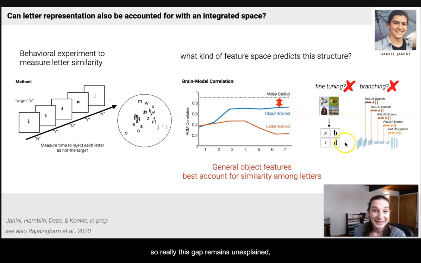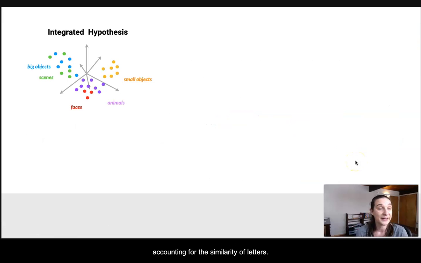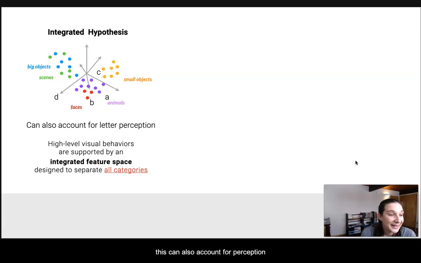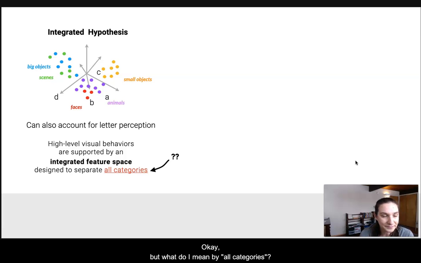So really, this gap remains unexplained, and it's general object features that seem to be best accounting for the similarity among letters. So back to the integrated hypothesis, this can also account for perception, and we have generally pointing to the view that high-level visual behaviors are supported by an integrated feature space designed to separate all categories.